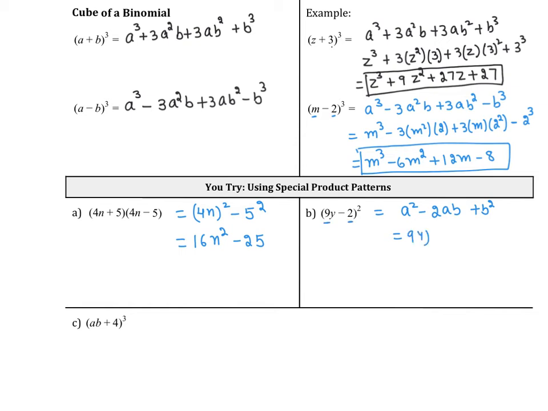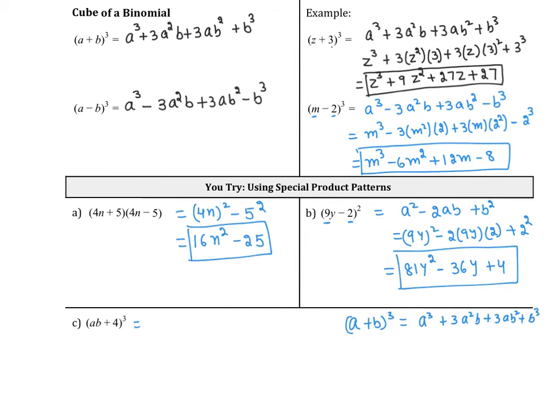So 9y square minus 2 times 9y times 2 plus 2 square. So that's going to be 81y square minus 36y plus 4. So now you're going to apply the a plus b cube formula here on this one.